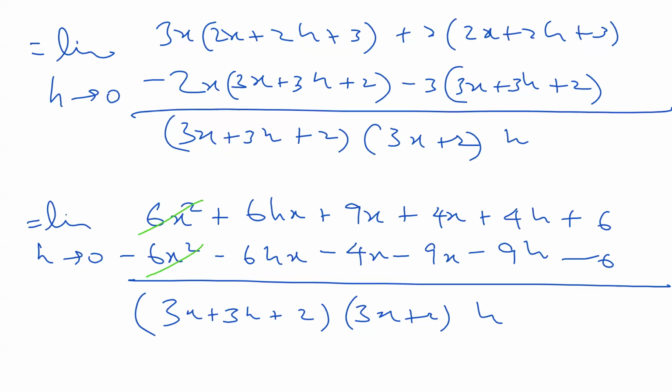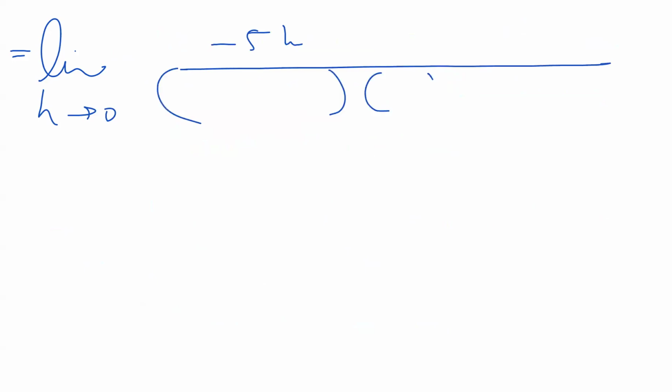Now there are many cancellations, okay, so just be ready for this. There will be cancellations. So 9 minus 9 plus 4 is minus 5. So this is equal to limit h approaching 0 minus 5h.